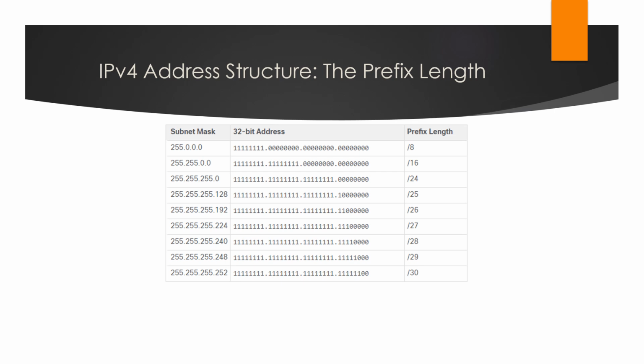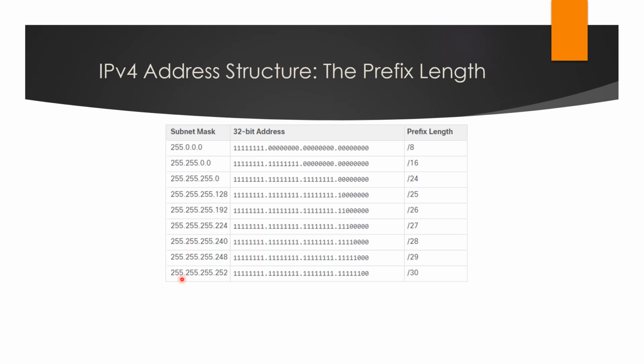You can see that in the first line, the subnet mask is shown in binary format, and as we say, we first write the slash, then we count the number of ones from left to right, and then we write how many ones there are. So this is the prefix length for that subnet mask. In this case, the subnet mask 255.0.0.0 will be /8, and so it will go on.